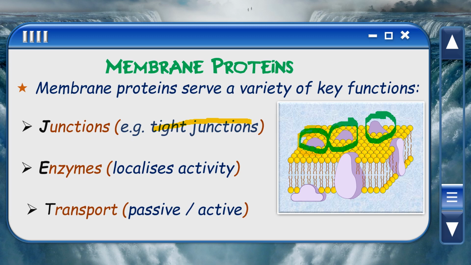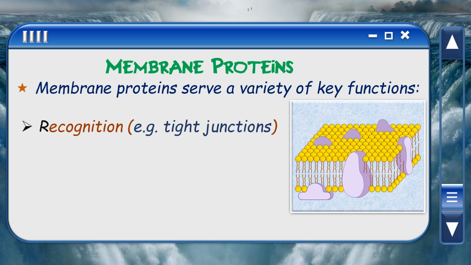Three, they act as a transport medium for passage, both active and passive. If you look at them, they are transmembrane. They go through from up to down, which means that they are used for transportation of materials from one side to another. Four, recognition.